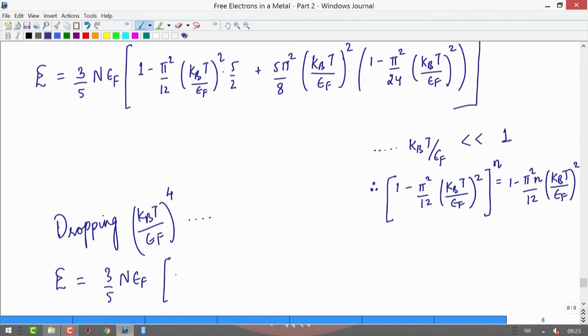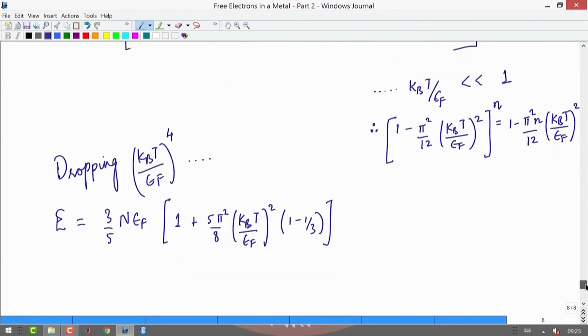So, that would be just 1 plus 5 pi square by 8 into kBT over EF the whole square into 1 minus 1 by 3, okay.